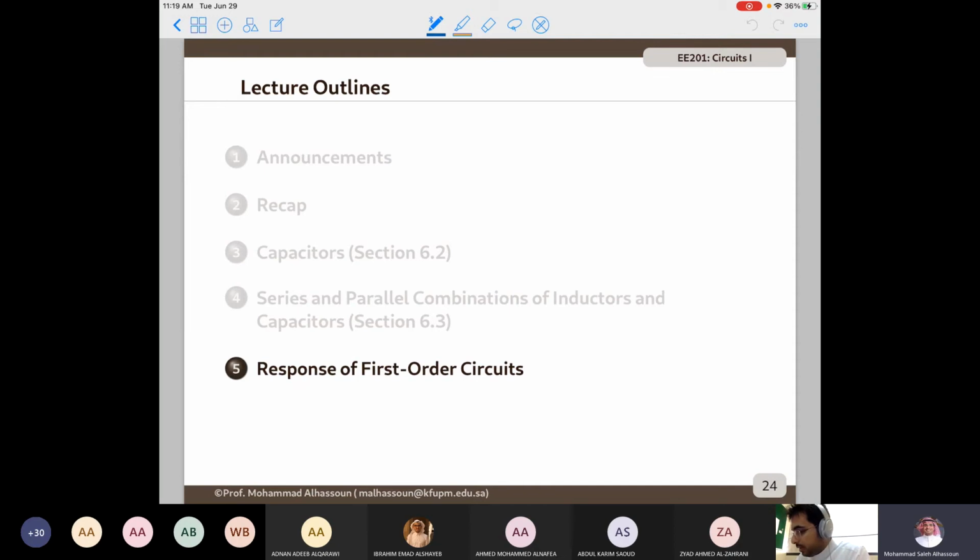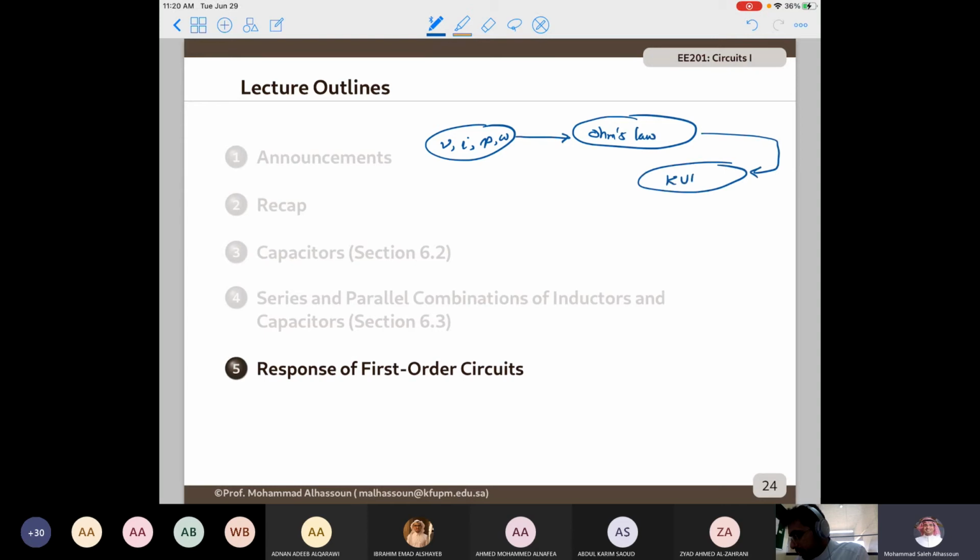We started with definitions for voltage, current, power, and energy. Then we moved to Ohm's law, KVL, KCL.